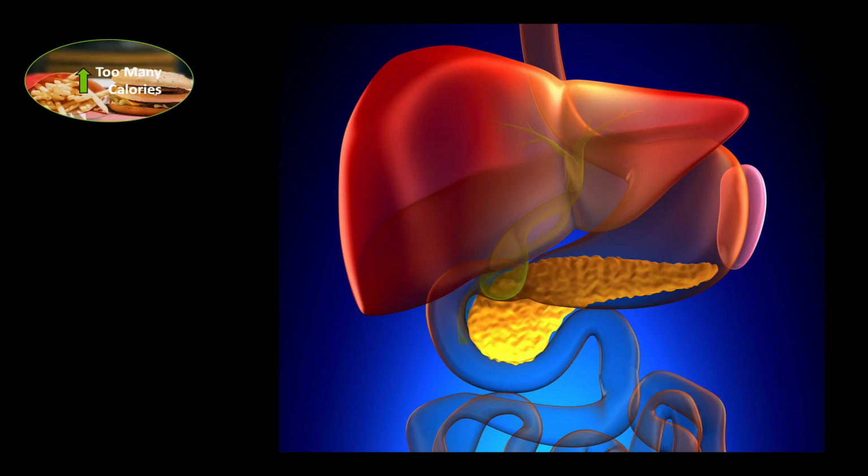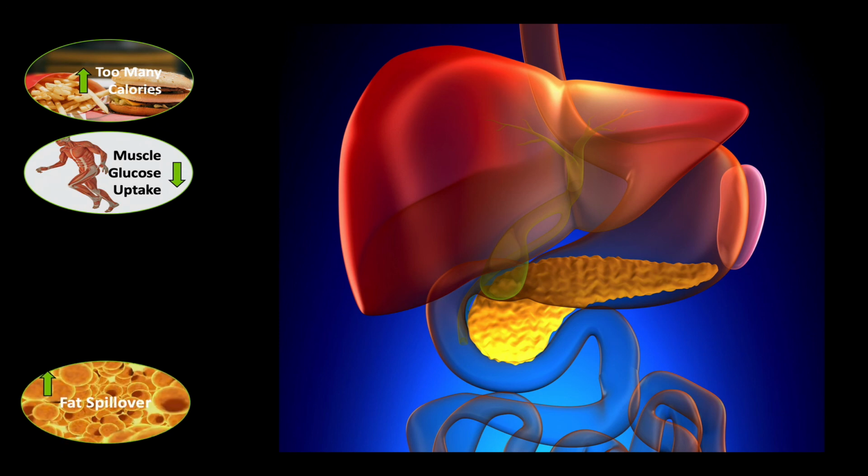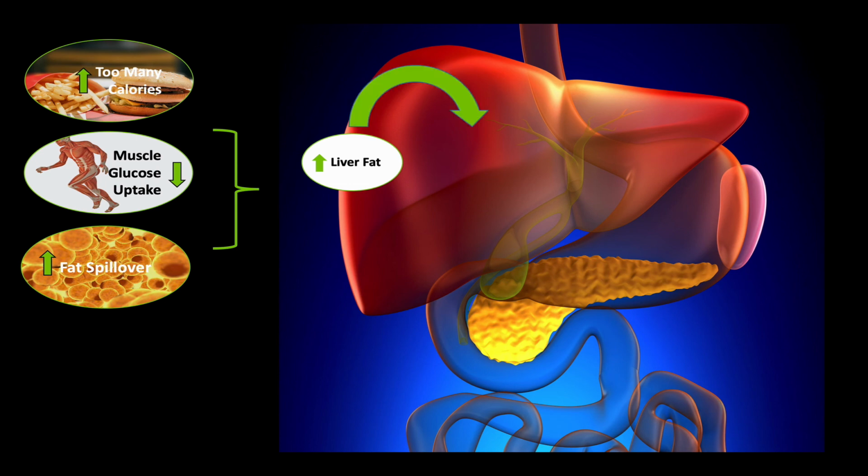So when we see too many calories and energy overload, the muscles not being able to take up the glucose from the nutrition that we've eaten, and the fat cells getting so full that they start to spill over fat, that fat comes back to the liver. When it's at the liver, it decreases the liver's ability to respond to insulin.